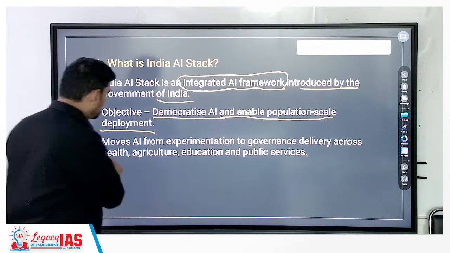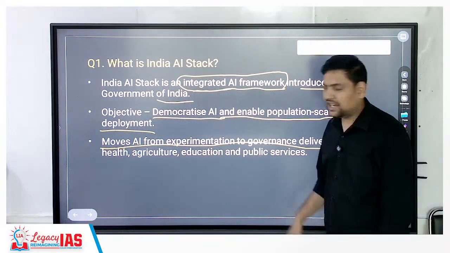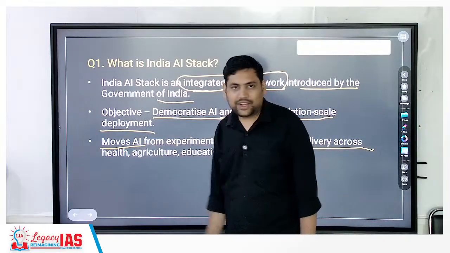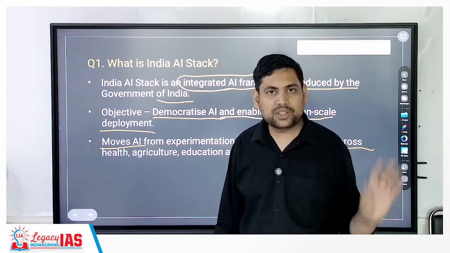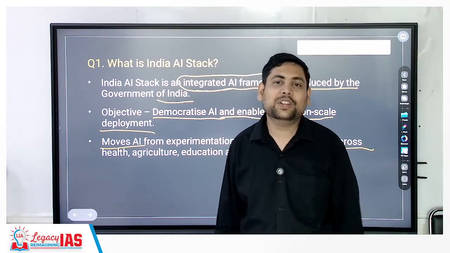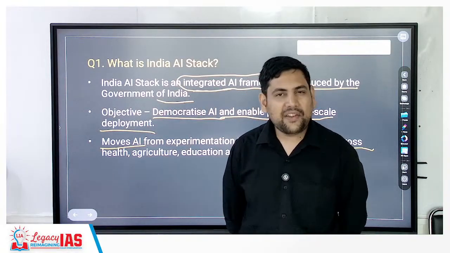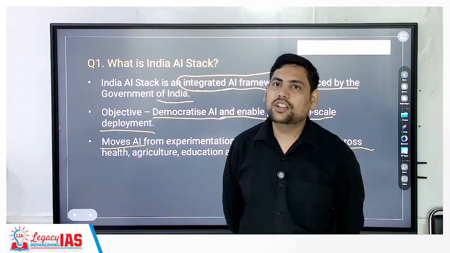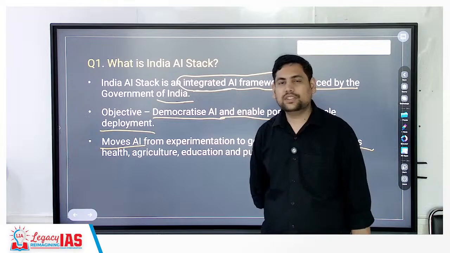Correct? This is the aim, to move AI from just experimentation. See, now AI is everywhere. Now you have accepted that this is part of the technology, this is the way forward. Just a few years ago, in December 2022, ChatGPT came. Before that, everybody thought of AI as some great technology, something far off or something that will change this or that.